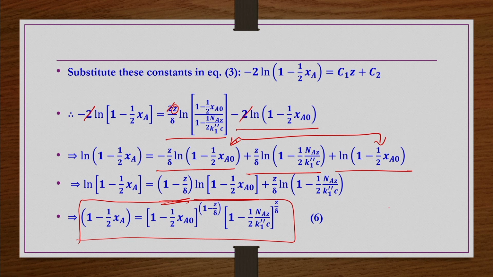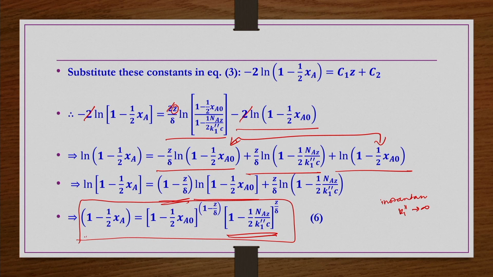Now, if the reaction is instantaneous, that means K1 double prime tends to infinity, very large. Then 1 by K1 double prime would be 0. Under such a condition, this entire parenthesis term would be 1 minus 0 to the power of something, so it will be 1 to the power of something, which is 1 only.